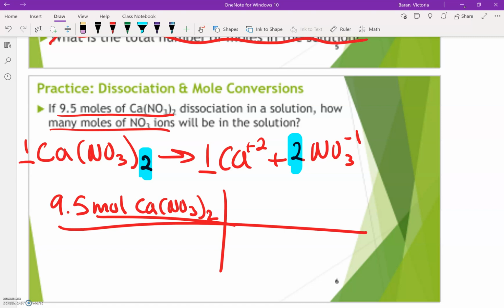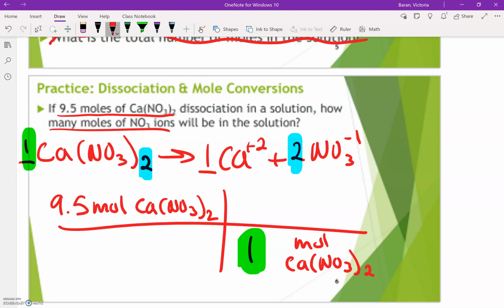So if I have moles of Ca(NO3)2 here, I also have to have moles of Ca(NO3)2 here. Now, where am I going to get this number from? Well, that's going to come from the balanced chemical equation, okay? So that's where that number is coming from.